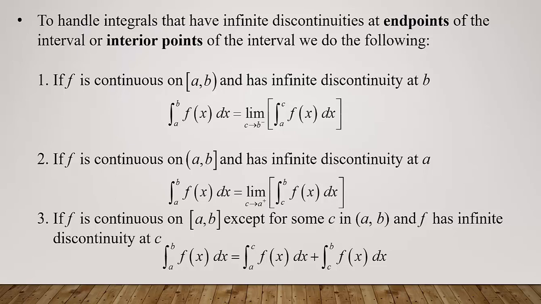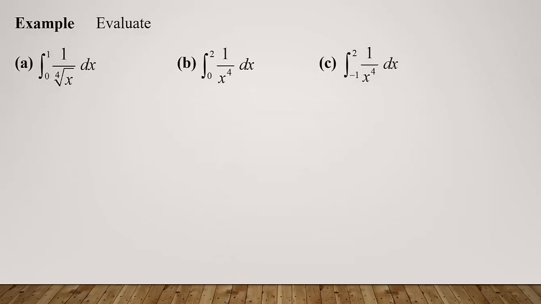So let's make sense out of this. Usually it will help with an example, and if you just think about it and do a quick sketch of something, it's kind of self-evident how to attack the problem. In this example, in part A, we're going to evaluate the integral from 0 to 1 of 1 over the 4th root of x dx.